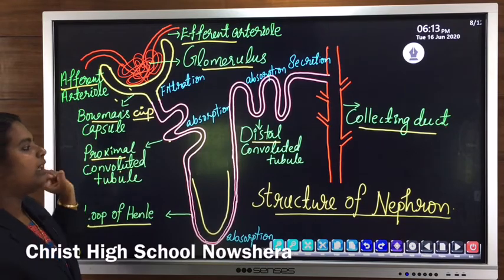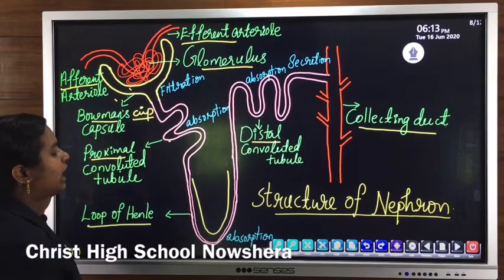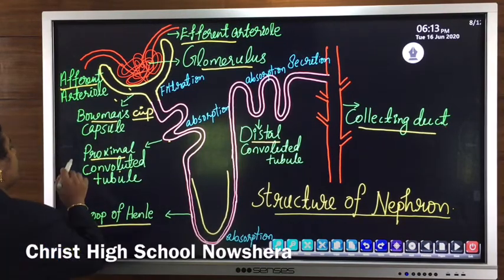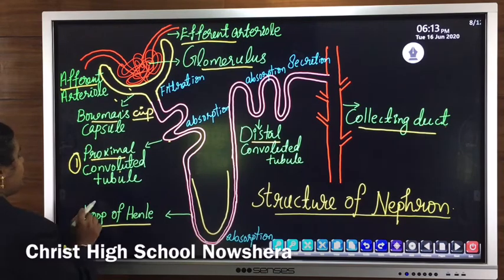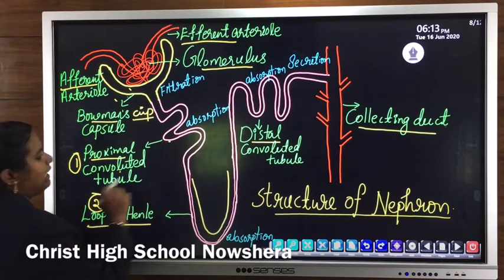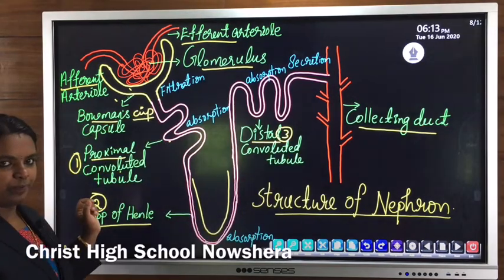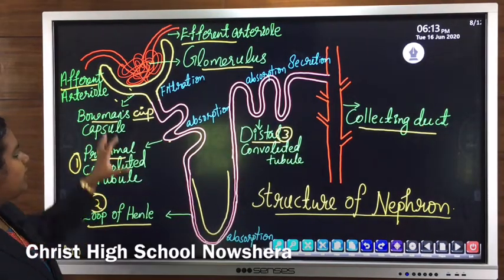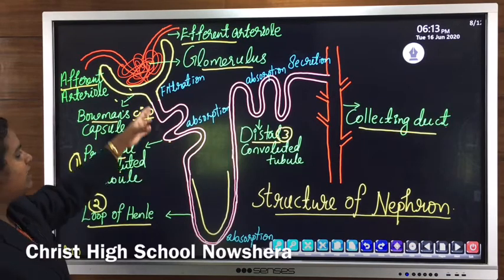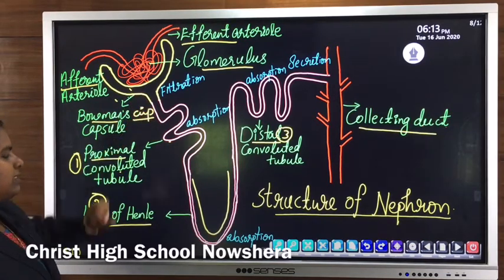Then the second part is known as the renal tubule. The renal tubule consists of the proximal convoluted tubule, second the loop of Henle, third the distal convoluted tubule. The proximal convoluted tubule is a long tubular structure which lies just near the Bowman's capsule.